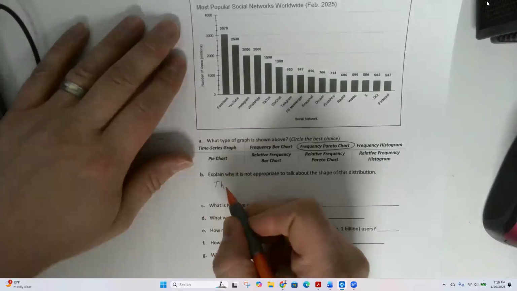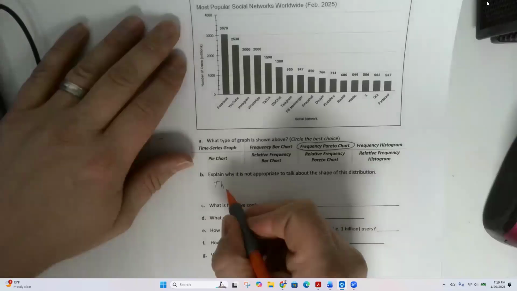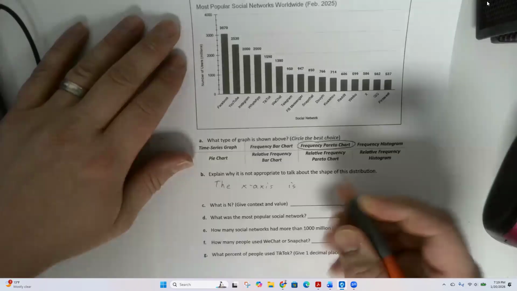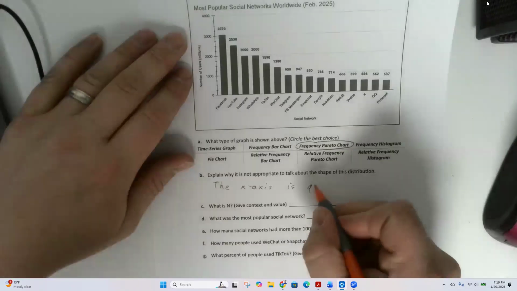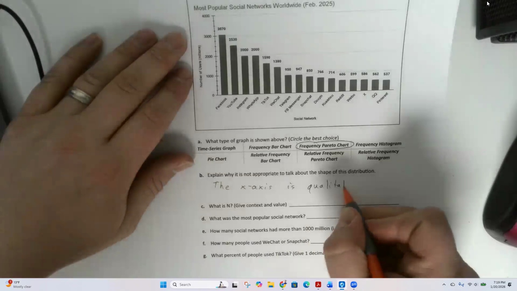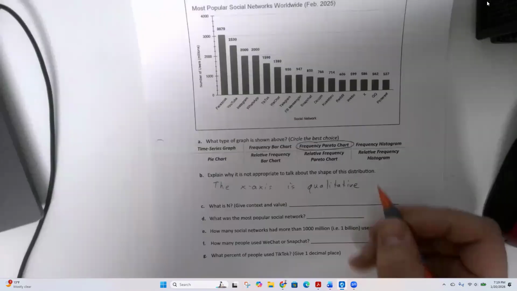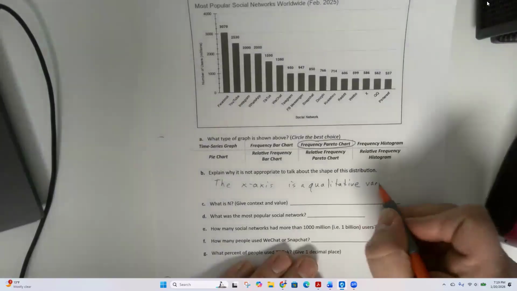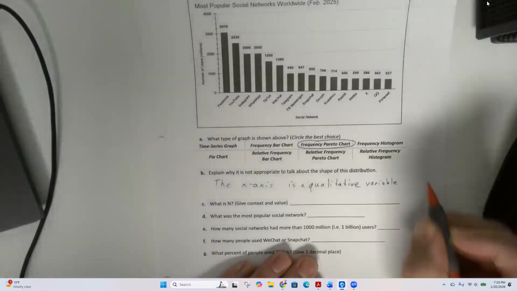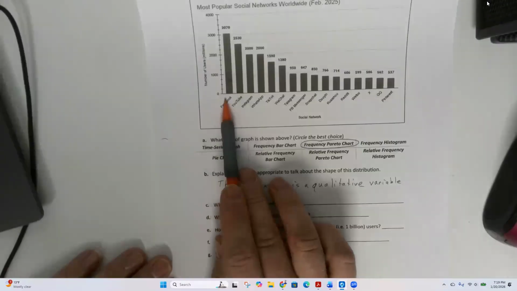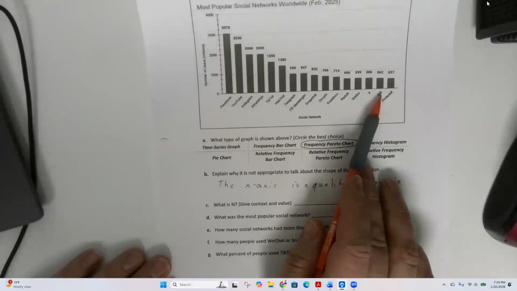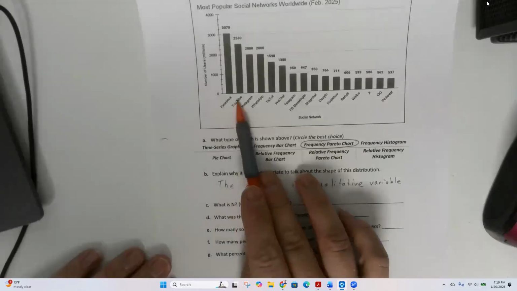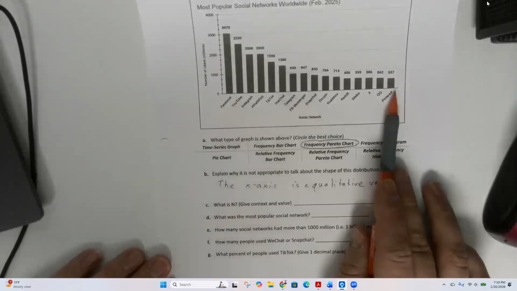It is qualitative data. The x-axis is qualitative data. It is a qualitative variable. If I had put these in alphabetical order, I guess the first one would be Facebook still, but the last one, YouTube, would be over here.